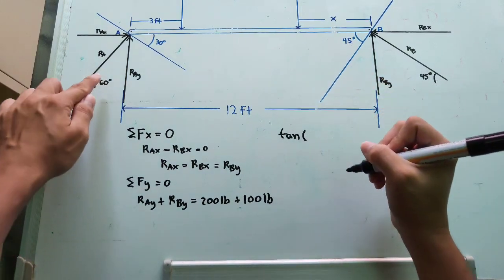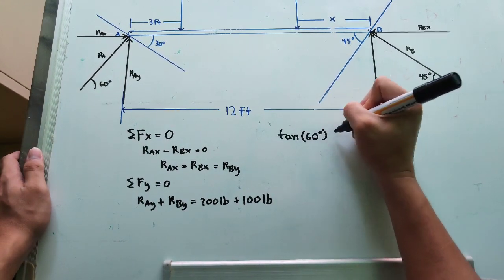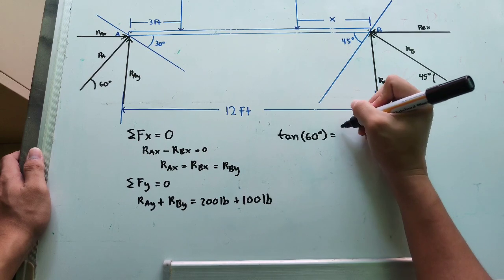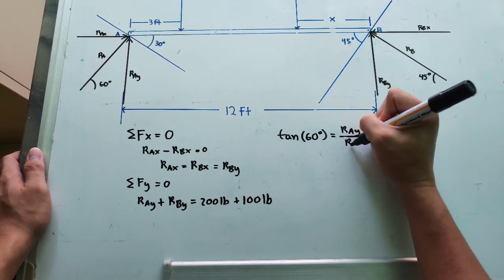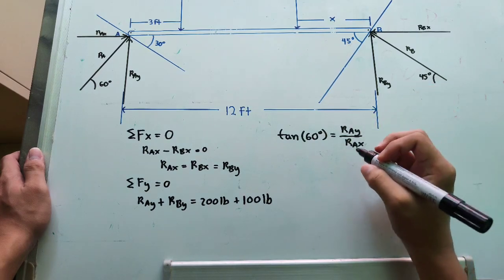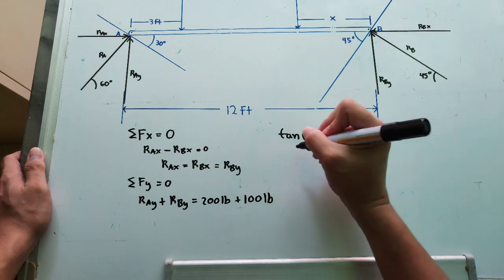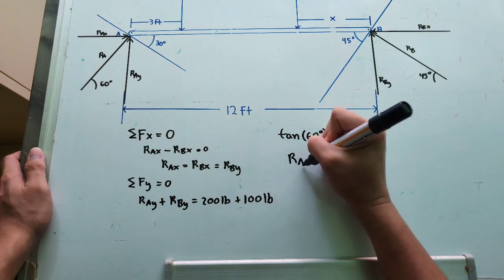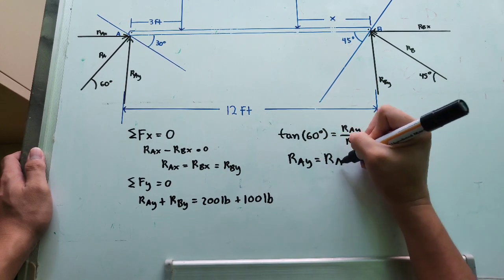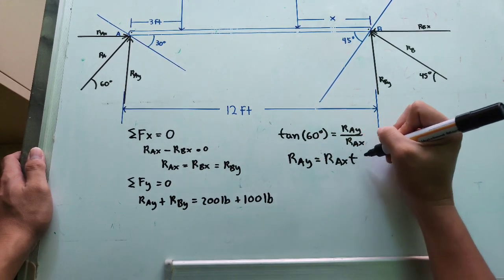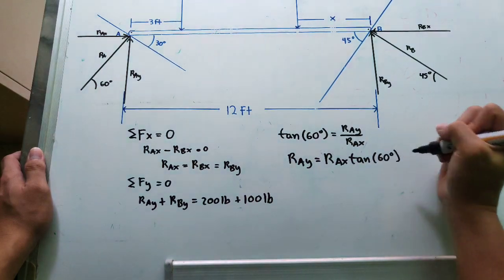And we note that tangent 60 degrees is equal to RAY over RAX. So we isolate RAY because we're finding RAY here. So RAY is equal to RAX tangent 60 degrees.